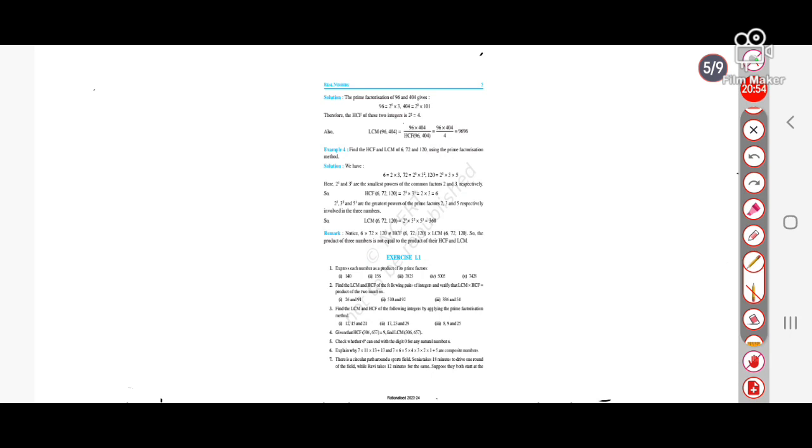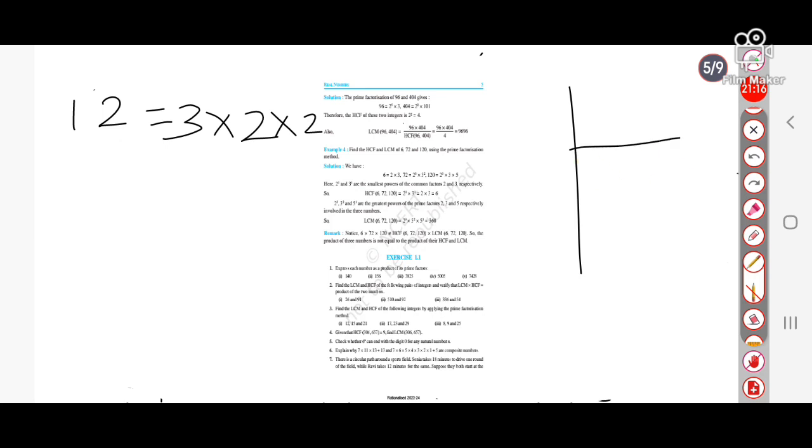So on doing the prime factorization method, for 12 we get 3 cross 2 cross 2. 12 divided by 2 we get 6, divided by 3 we get 2.